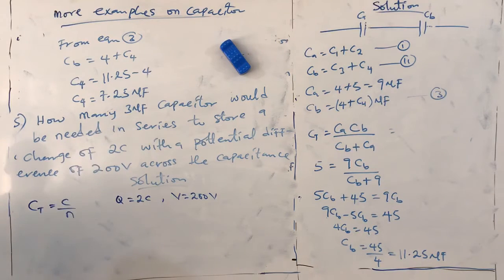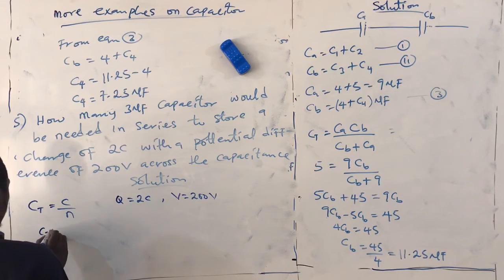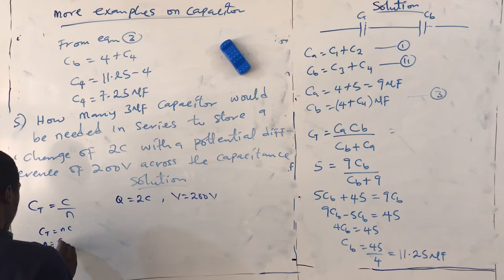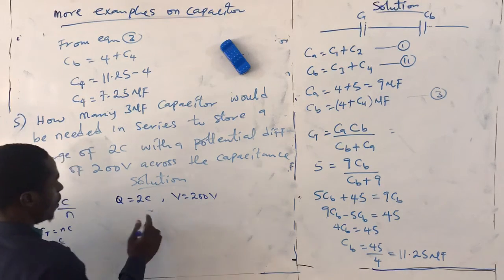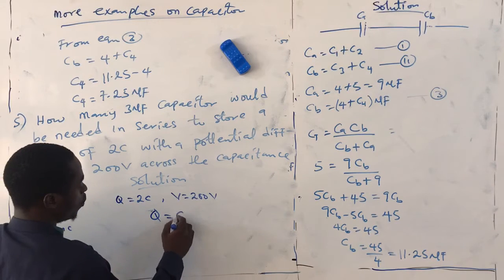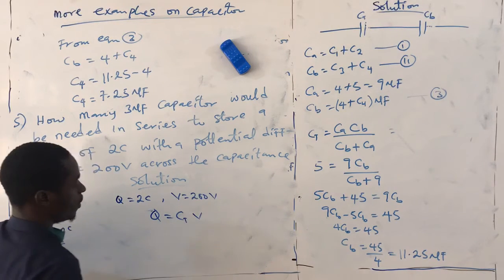Our capacitance here is what? Is 3. Now, our effective capacitance from here, we know that Q is equal to CTV.